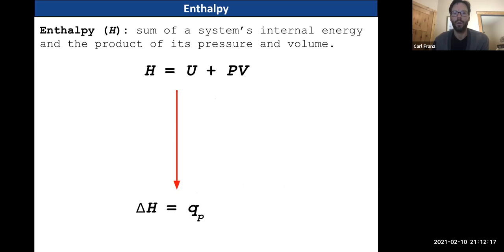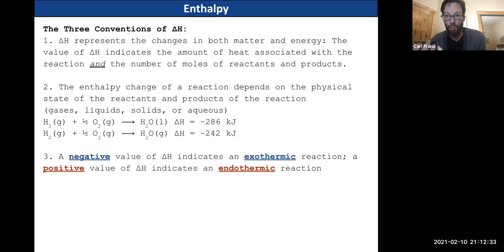All you need to really know is that you can take that equation and essentially make the change in enthalpy equal to heat at constant pressure. Okay. So the enthalpy change is directly related to the heat.